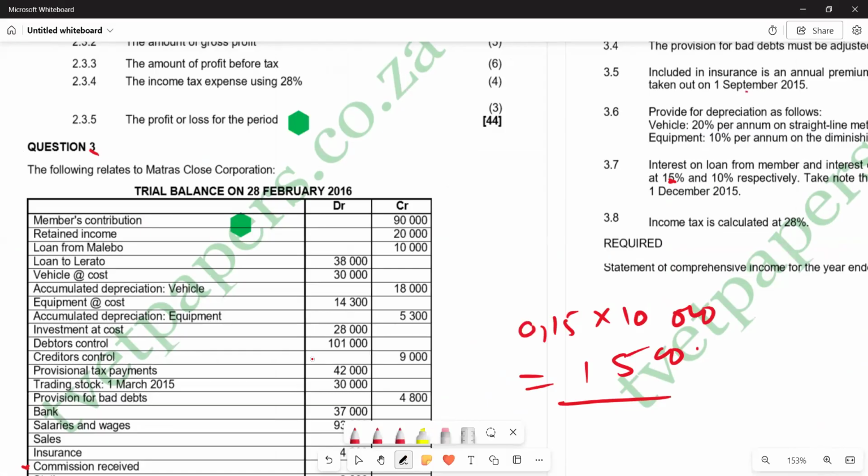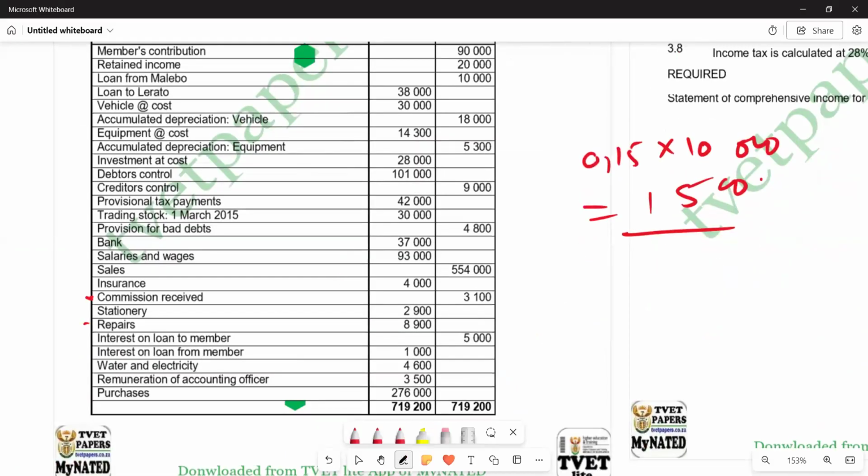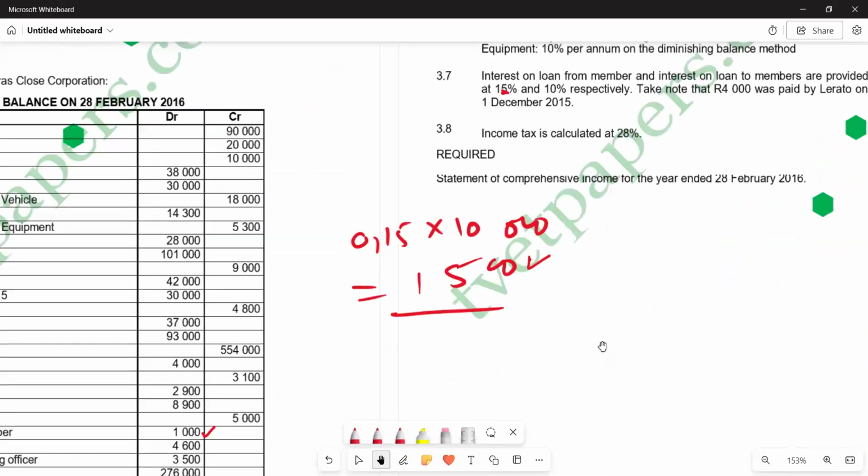So this is our interest on loan from member, which is an expense. But if you come here, you'll see that the one that was paid was only 1,000. So it means we paid less. We paid less by 1,500 minus 1,000, which is 500. So you need to add 500 to 1,000 so that it gets to 1,500. So that's what we're going to adjust there.